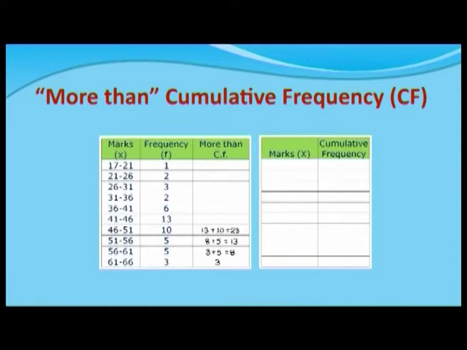The CF for the range 56 to 61 is the sum of the frequency of this range, 5, and the CF of the range 61 to 66, that is 3, which is equal to 8.